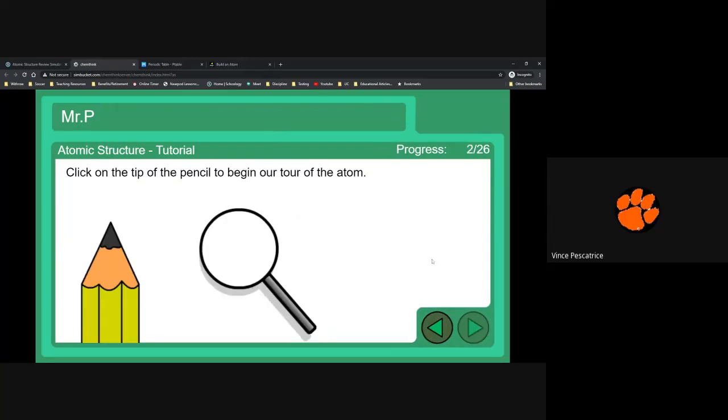So this tutorial is going to focus on the tip of a pencil. Everyone calls it lead, but it's not lead. If you ask for more pencil lead in your mechanical pencil, lead is a common term, but it's actually carbon. It's called graphite, which is a type of carbon. Lead itself is a poisonous metal.